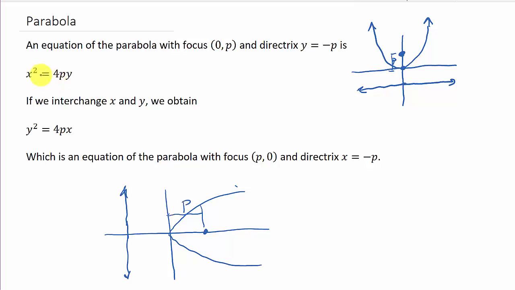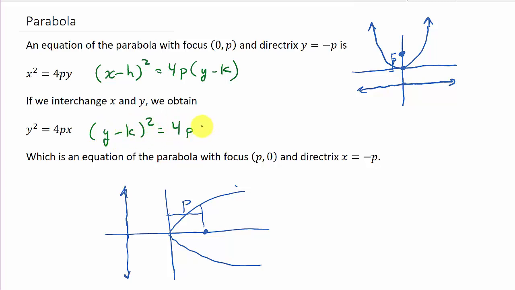So another way to write these, since here the vertex is at 0, 0: x minus h squared equals 4p times y minus k. And then here we would have y minus k squared equals 4p times x minus h. And the vertex would be (h, k). Alright, so let's go ahead and take a look at an example.